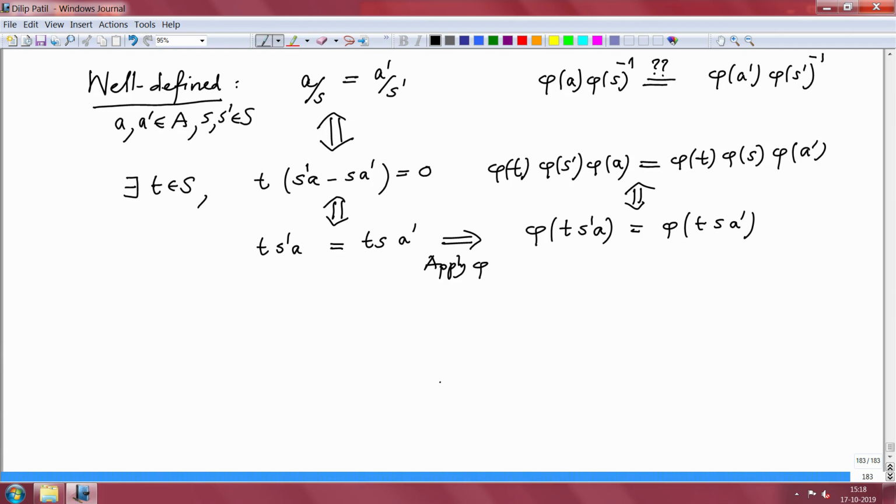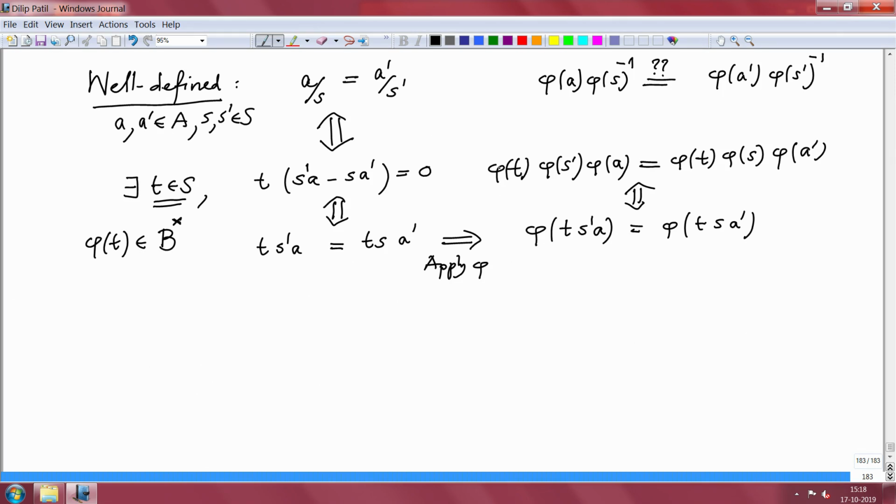But then note that this T is in S, therefore phi T, by assumption, is an element in the unit group of B, that is the assumption.